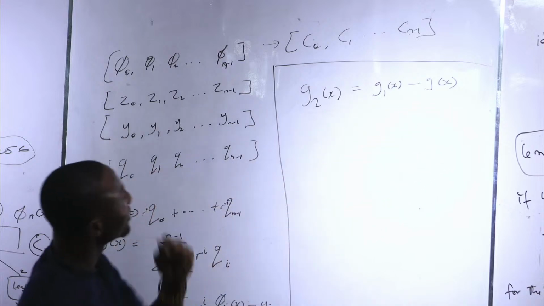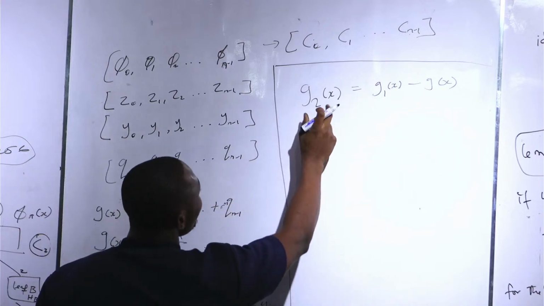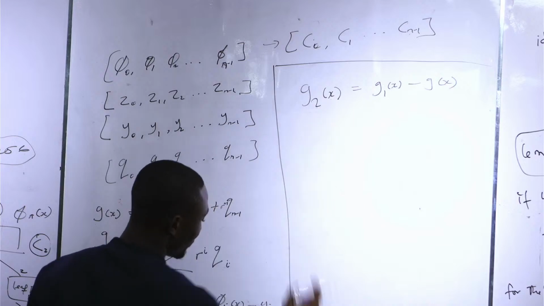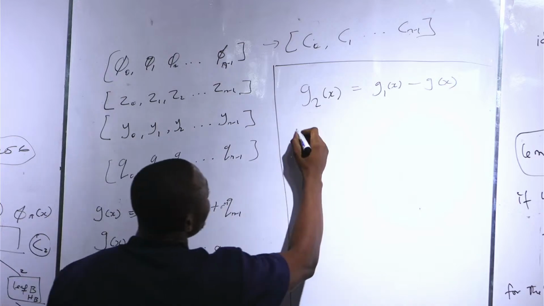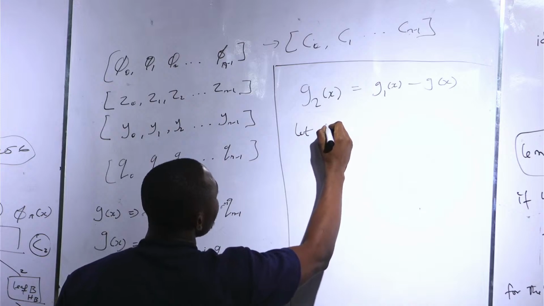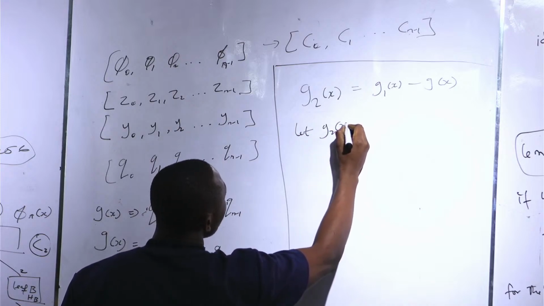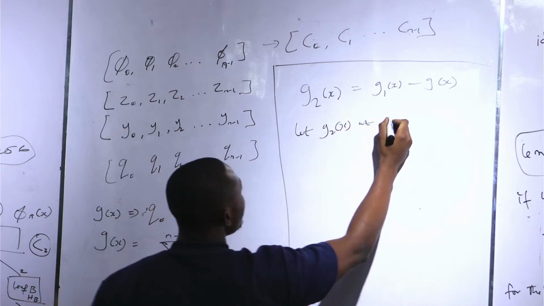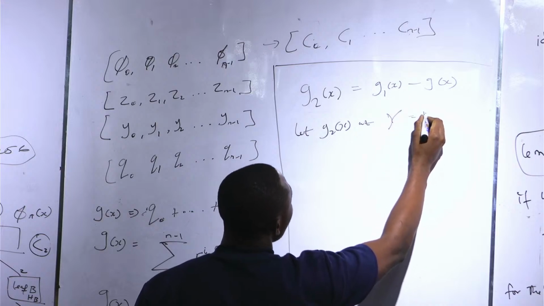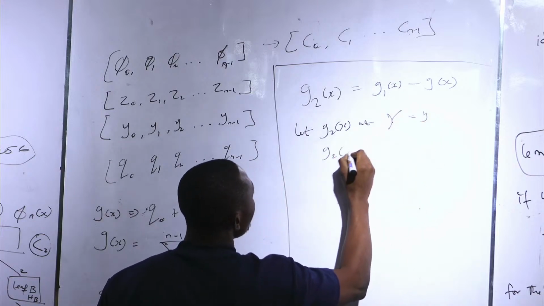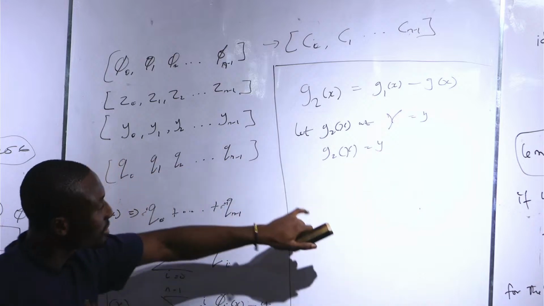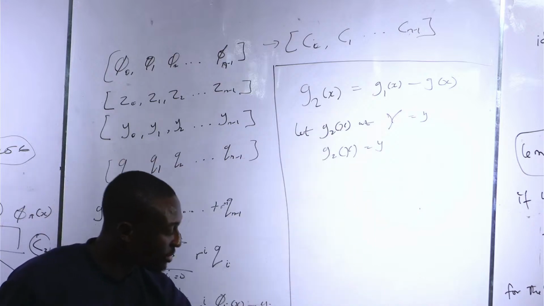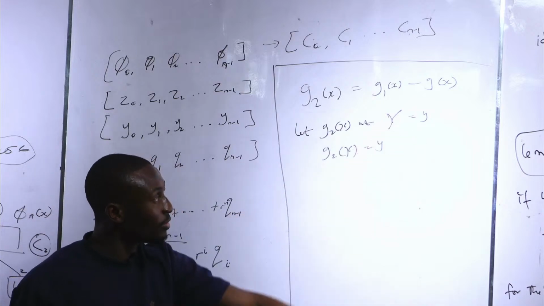So now, based on the verifier evaluating this g2 of x, let's say g2 of x at this random value is y.